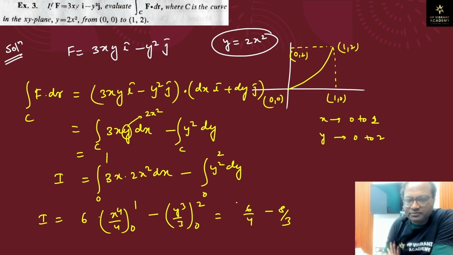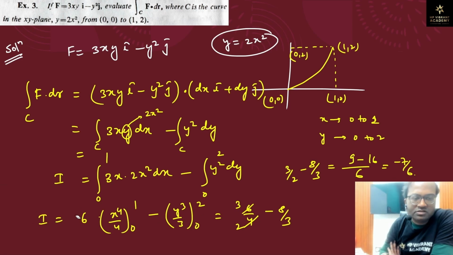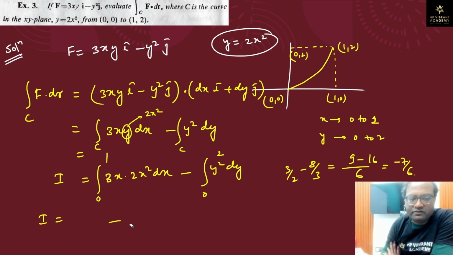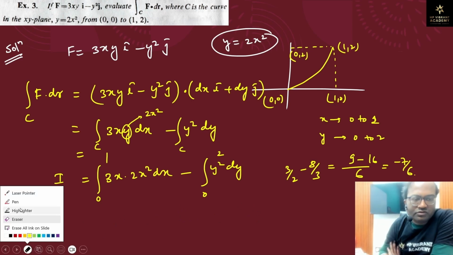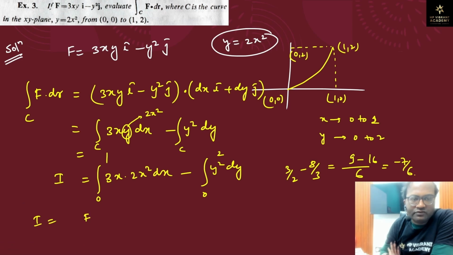So this will be 3 upon 2 minus 8 upon 3. This will be equal to 9 minus 16 upon 6. So this will be equal to minus 7 upon 6. So the value of the integral will be minus 7 upon 6. The value of I is f dot dr along the curve c, which is equal to minus 7 upon 6.